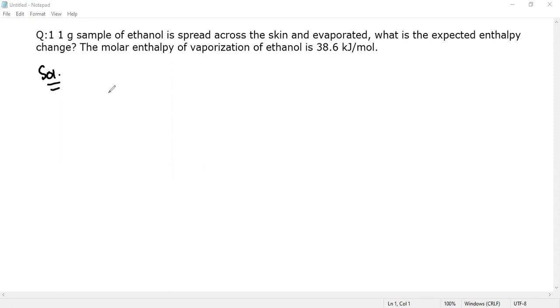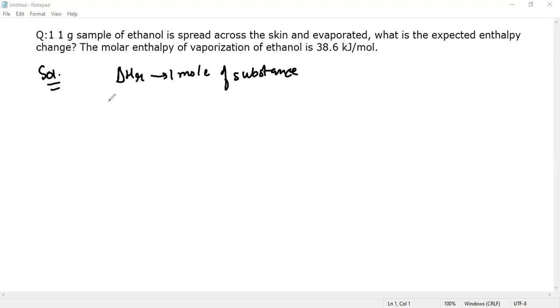Last time we learned that molar enthalpy change, delta HR, is associated with 1 mole of the substance. Now what if the question says the substance is not 1 mole, but less or higher than that? What would you do in that case?